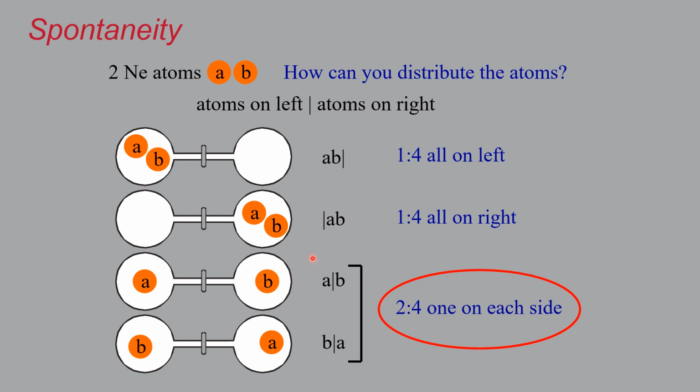And you're still more likely to observe this because there are more ways to achieve this particular configuration, where there's one on each side. The issue is that when you get to actual reasonable sample sizes, this disparity between them all being on one side or the other and them being equally spread out is huge.